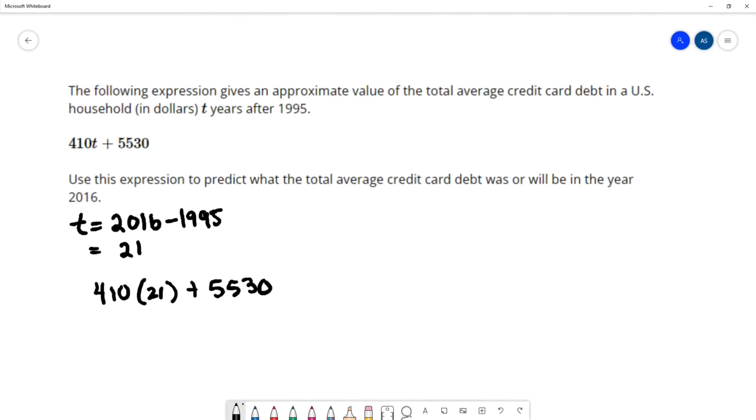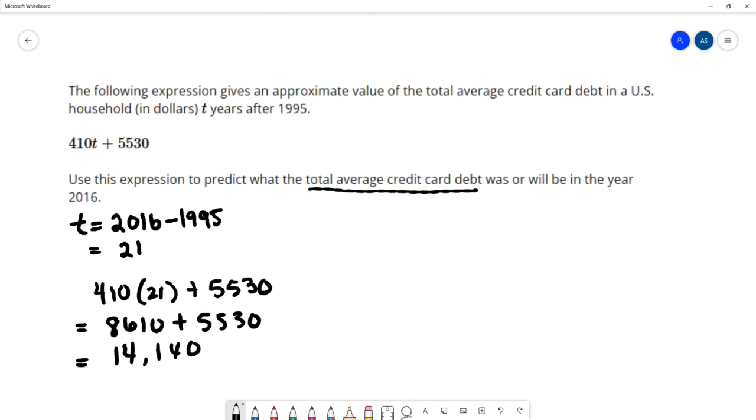So 410 times 21 is 8,610 plus the 5,530 is 14,140. So the total average credit card debt in the year 2016 is $14,140.